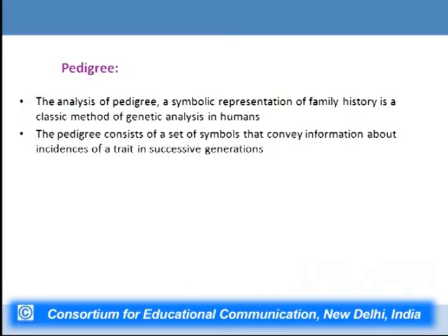The pedigree consists of a set of symbols which convey information about incidences of a trait in successive generations. So these symbols are very important whenever a pedigree is being constructed, and a student of genetics must know all these symbols proficiently.